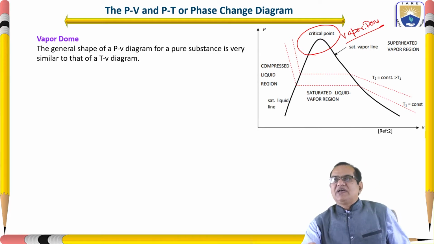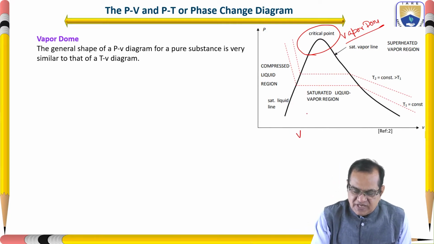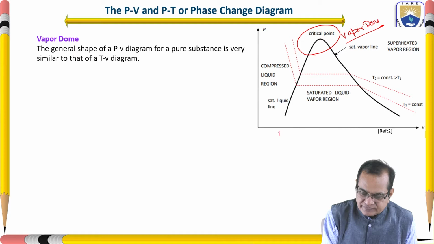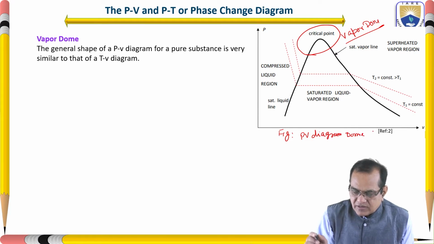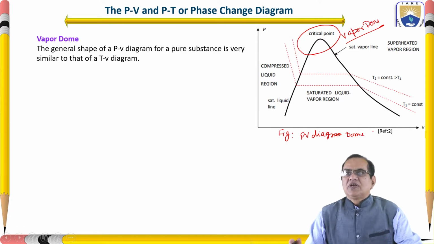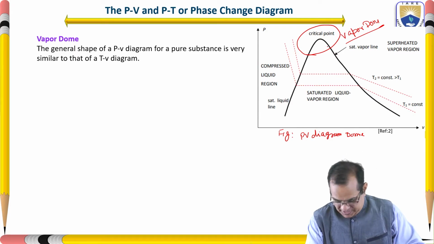Here are P and V, the PV diagram, this is the figure. Here is the critical point, and this is called the vapor dome.